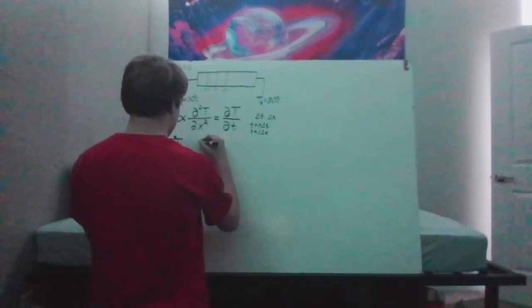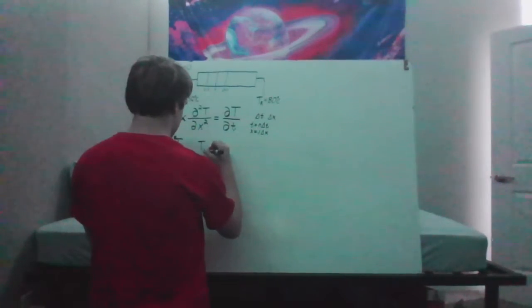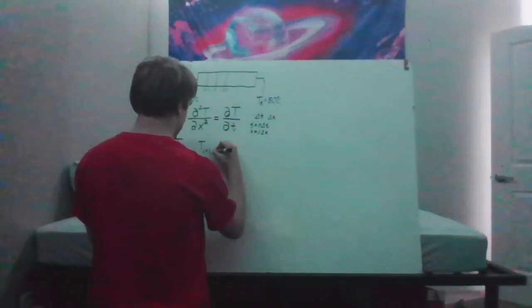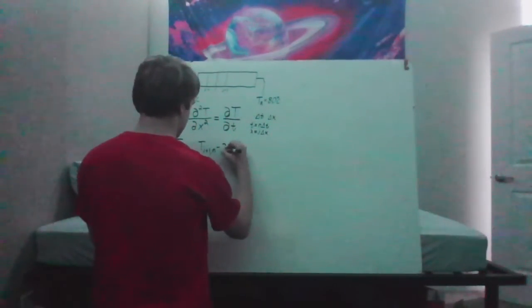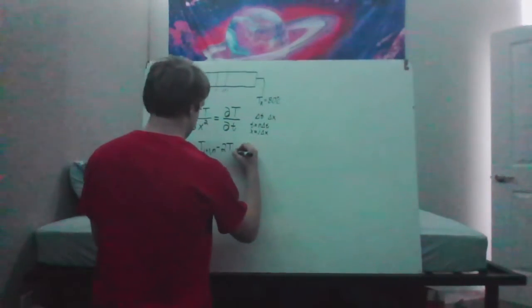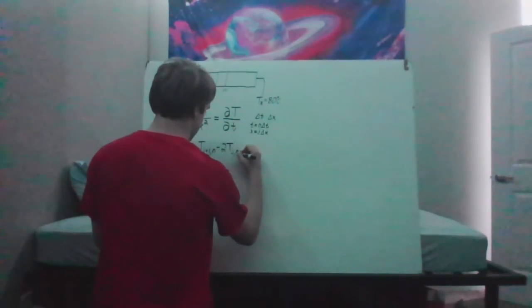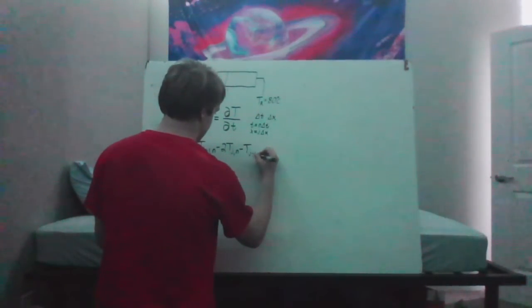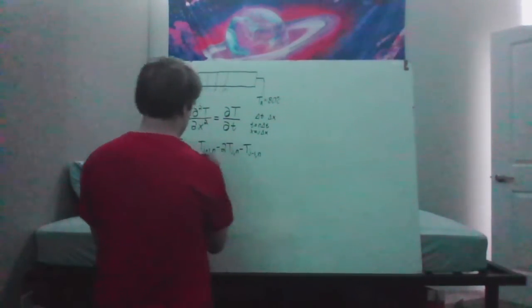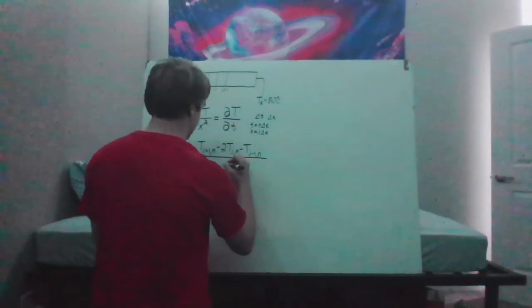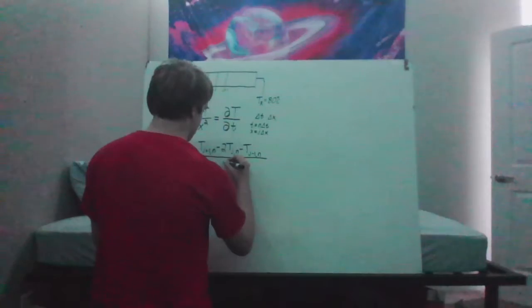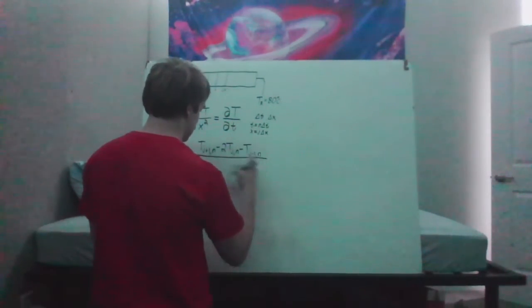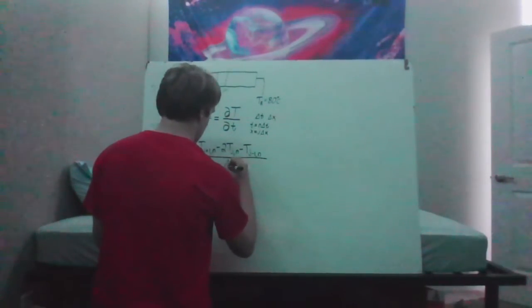We'll have t sub j plus 1 comma n minus 2 t sub j comma n minus t sub j minus 1 comma n, and then all over delta x squared.